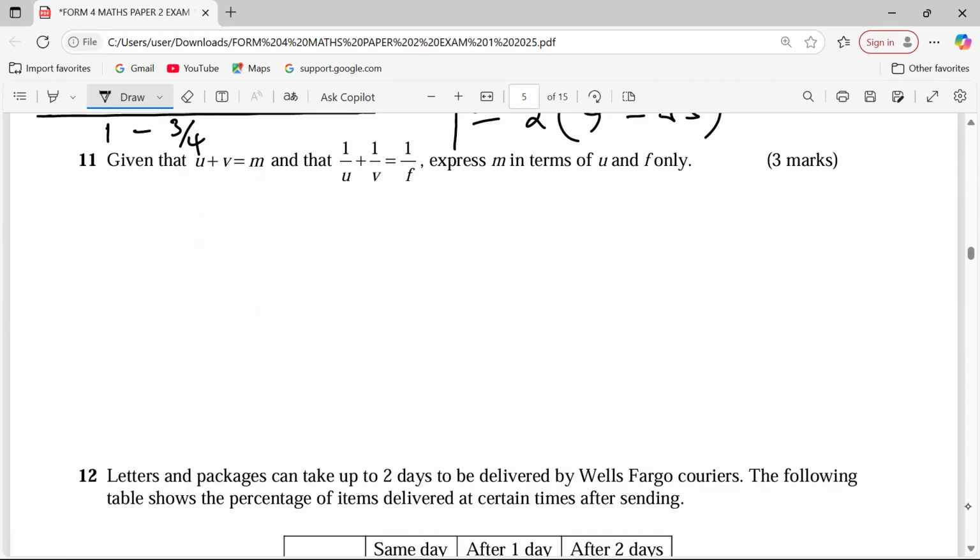Let's check at this. I'm going to work out the left-hand side in this way.